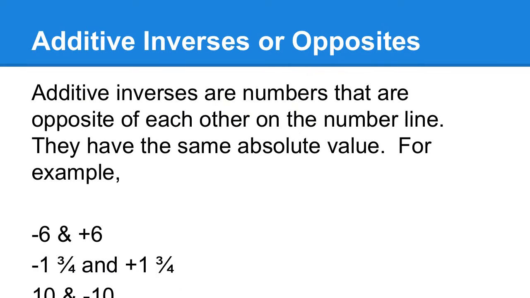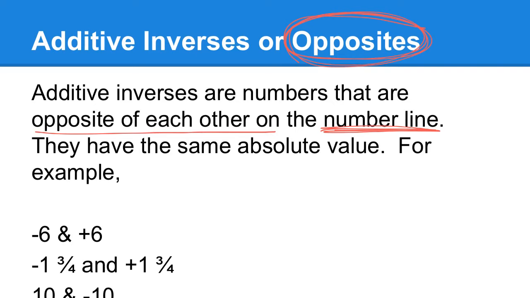More vocabulary. All right, so we're talking additive inverses, and generally you're thinking about numbers that are opposites of each other. So they are opposite of each other on the number line. They have the same absolute value.